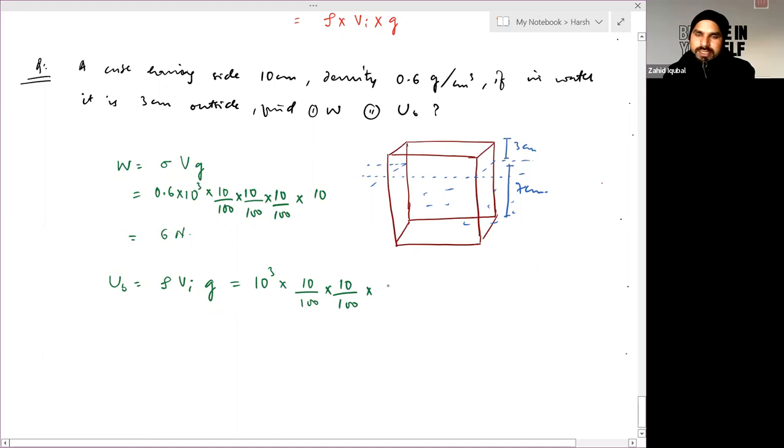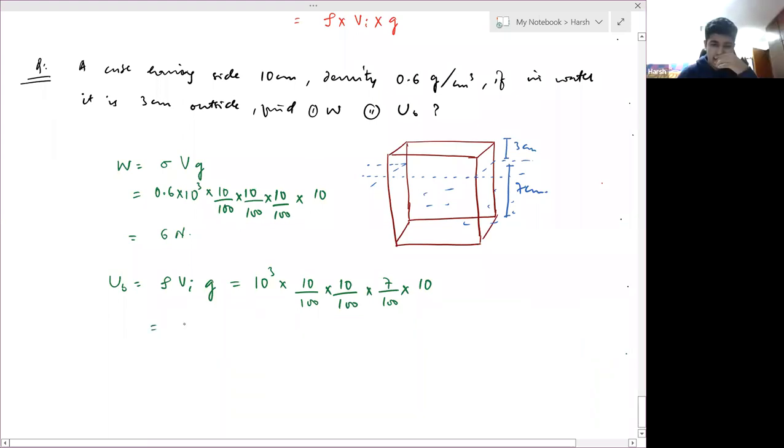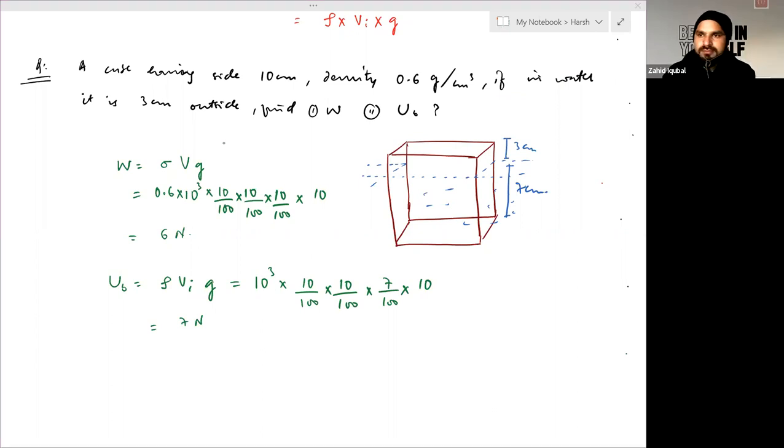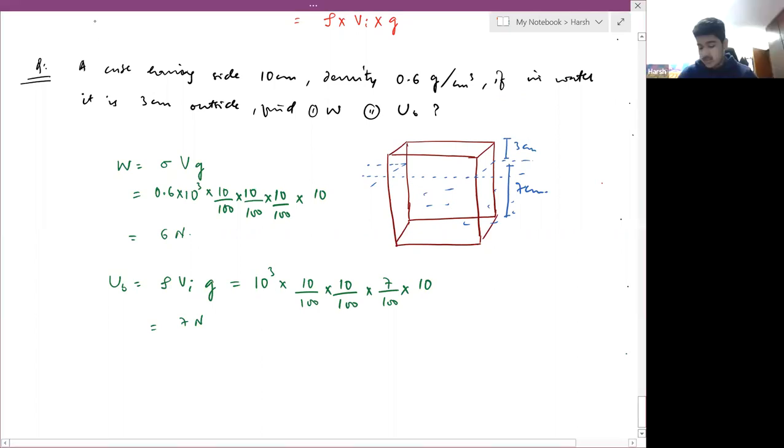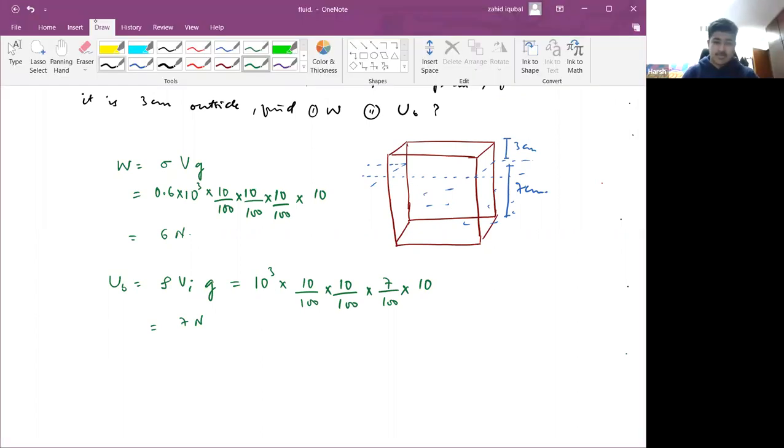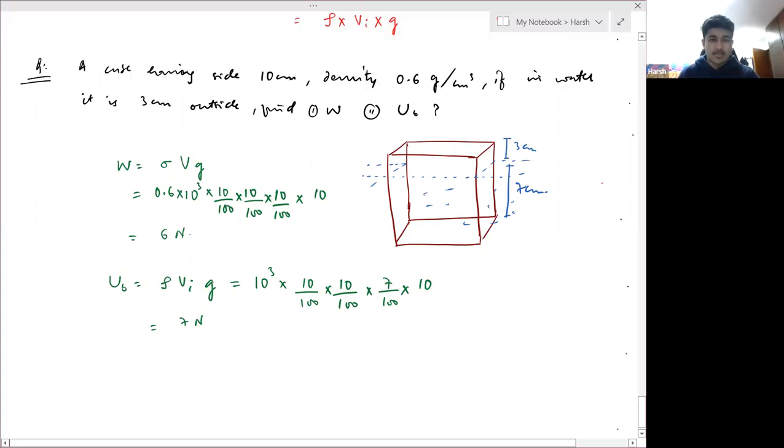For height, how much will we take? 7. Good. So 7 by 100 into 10. Counting zeros in denominator and numerator, 6 zeros and 6, so you're left with 7. Is it clear? Yes.